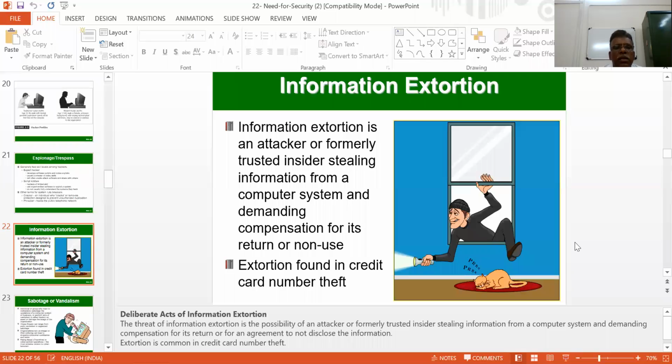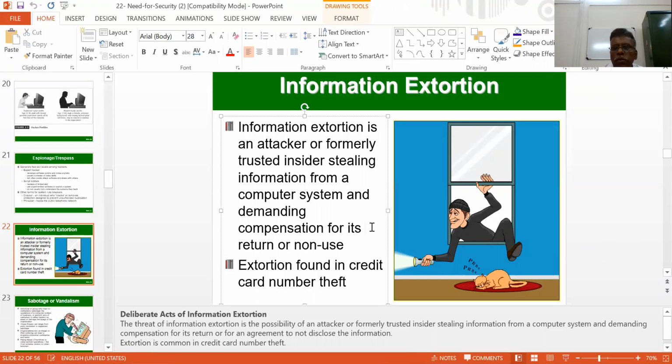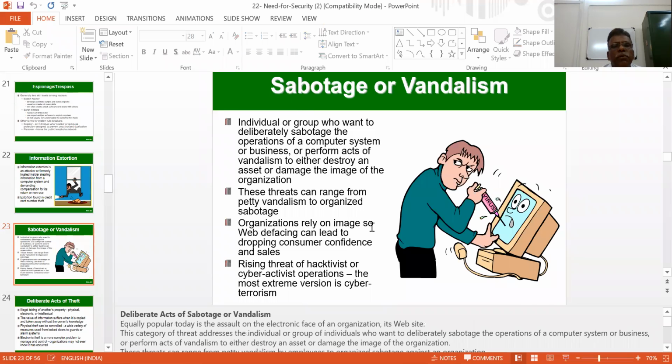These are different types of fraud-level extraction found in credit card number theft also. Today you are seeing practically how information security is attacked at one level and another, which are inevitable to understand.